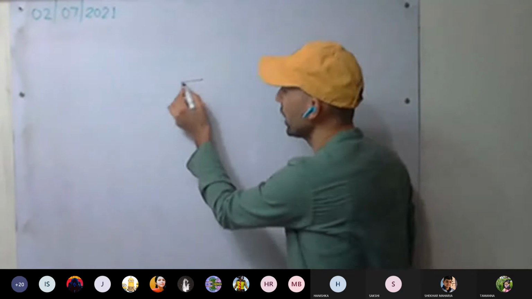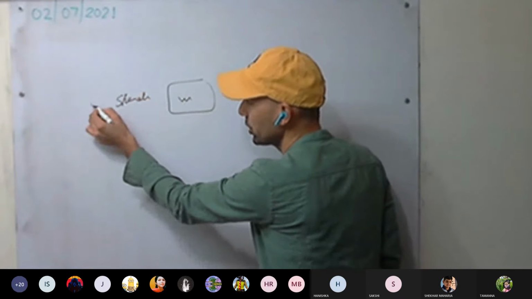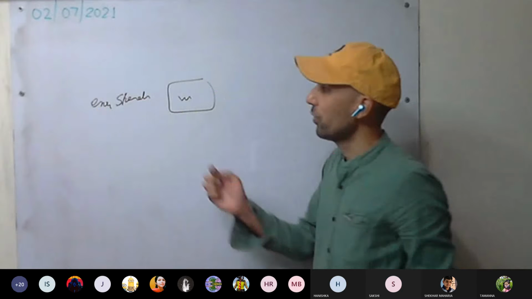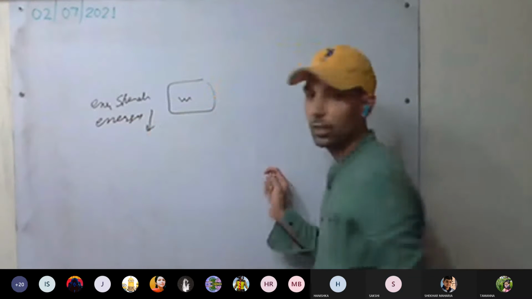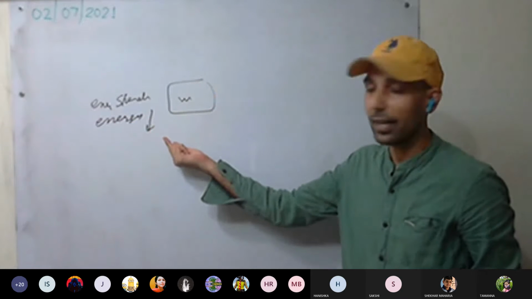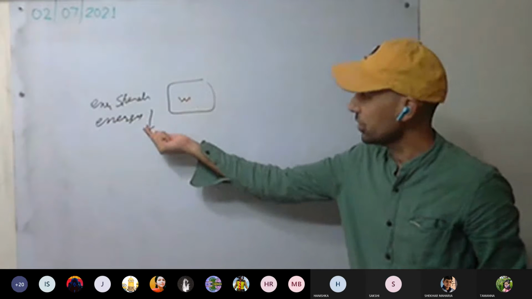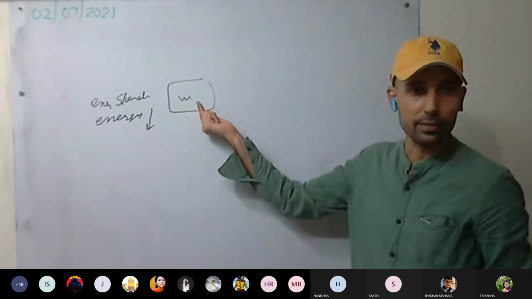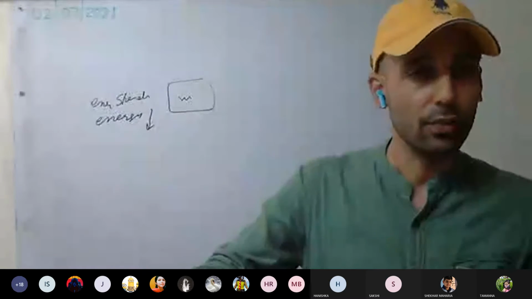When you are doing the work, you are spending your energy, and energy reduces. So where has the energy gone? It is being converted into the work done. Whatever energy you spent gets converted into work done.